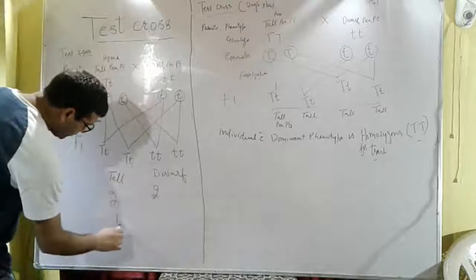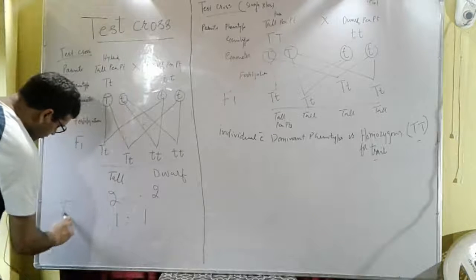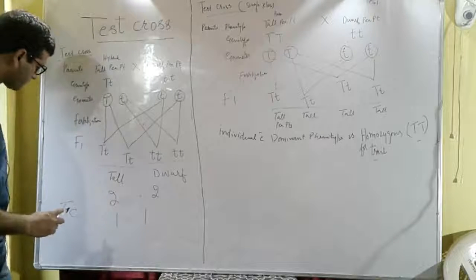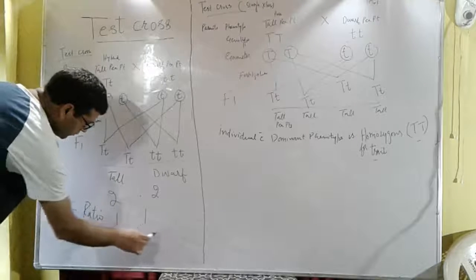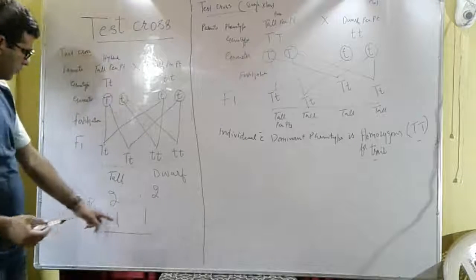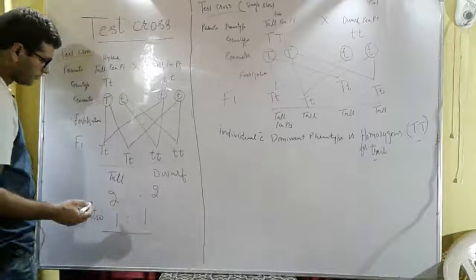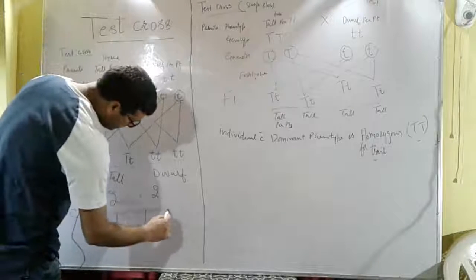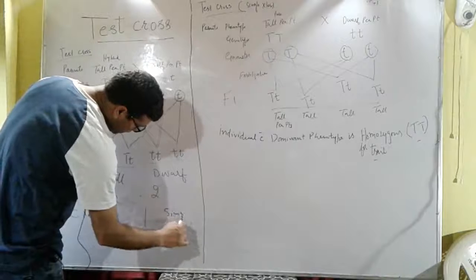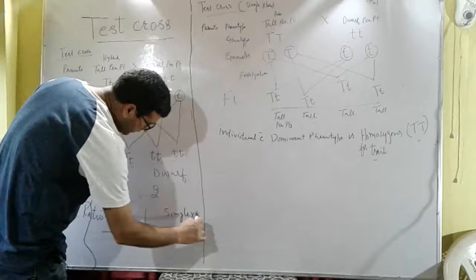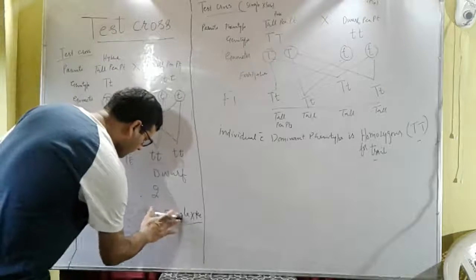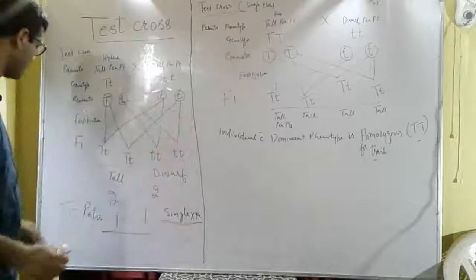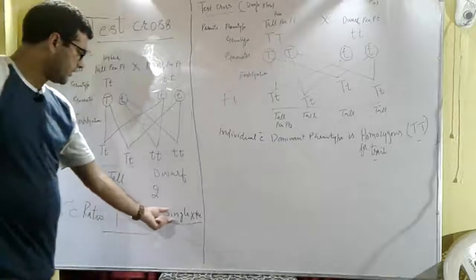So ultimately 1:1. So the test cross ratio is 1:1 in case of a single character, because we have taken only one character, the height of the pea plant, into consideration. Why do we write here single character?